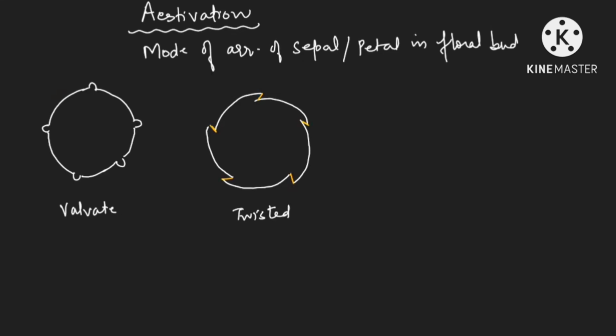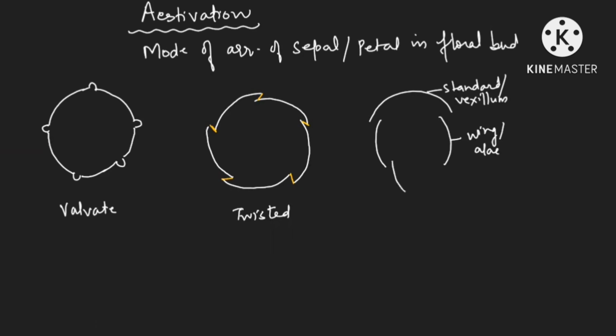Now, next type of estivation, we have studied the papilionaceous corolla in the first video. So that is a type of vexillary estivation. Because the standard, which is known as vexillum, then 2 wings, wings are also known as alae, and 2 keel.